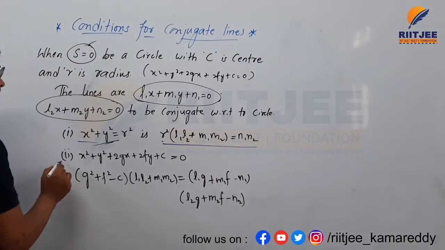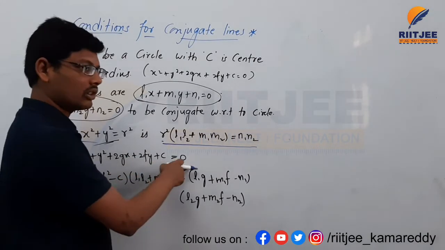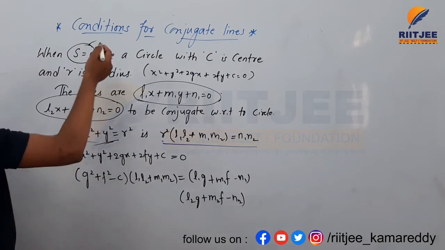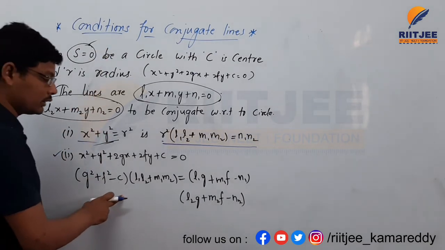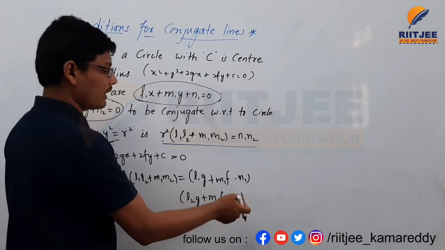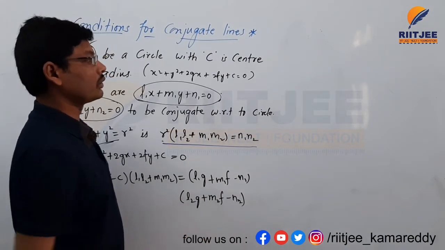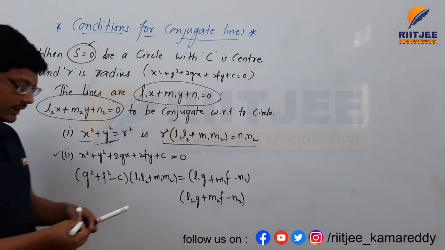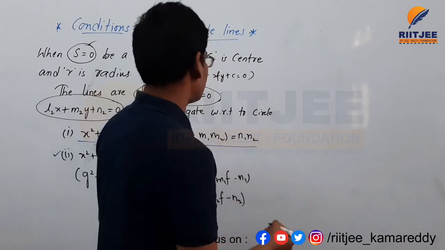And for the circle equation x square plus y square plus 2gx plus 2fy plus c equal to 0, the conjugate lines condition is g square plus f square minus c into L1 L2 plus M1 M2 is equal to L1g plus M1f minus N1 into L2g plus M2f minus N2. This is all about the condition for conjugate lines here, and let us see one example question for conjugate lines here.